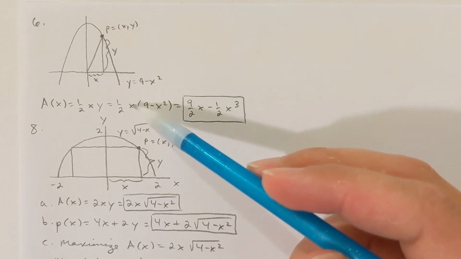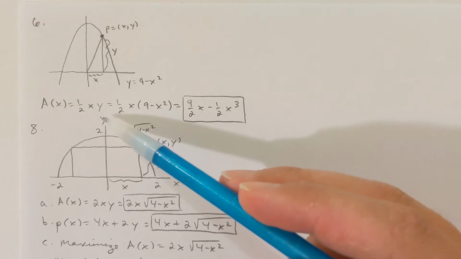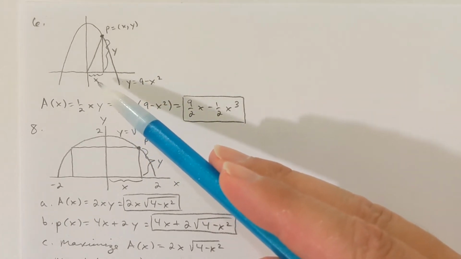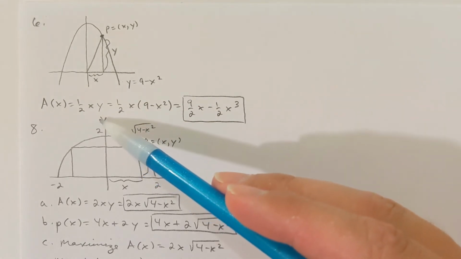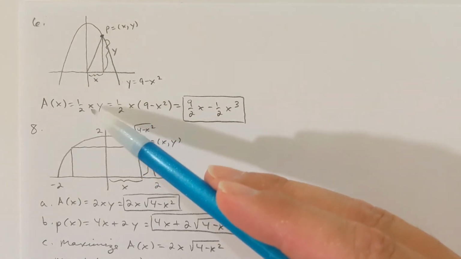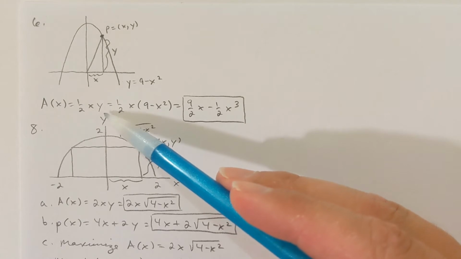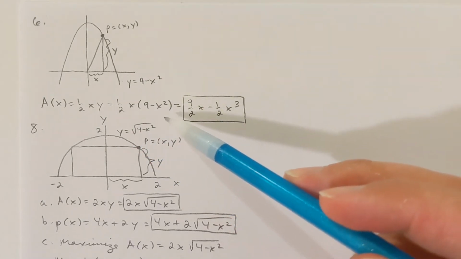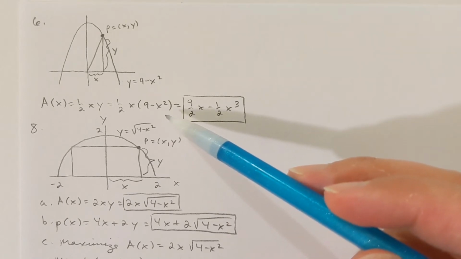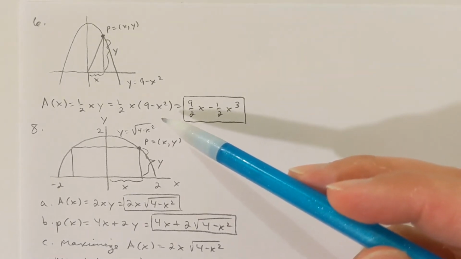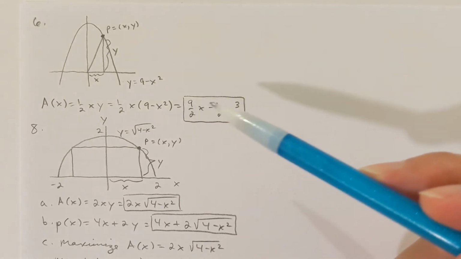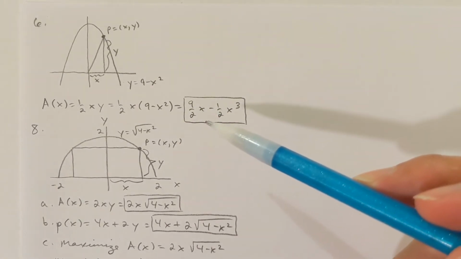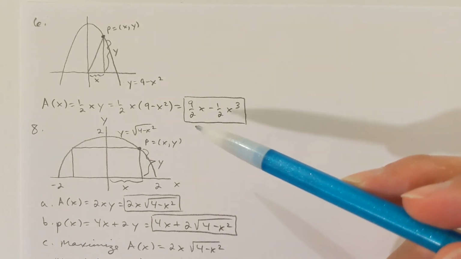So I got 1/2 times xy, which is the area of this triangle. Well, y is 9 minus x squared, so 1/2 x times 9 minus x squared. If I distribute the 1/2 x, that gives me 9/2 x minus 1/2 x cubed. And that's all they're looking for there.